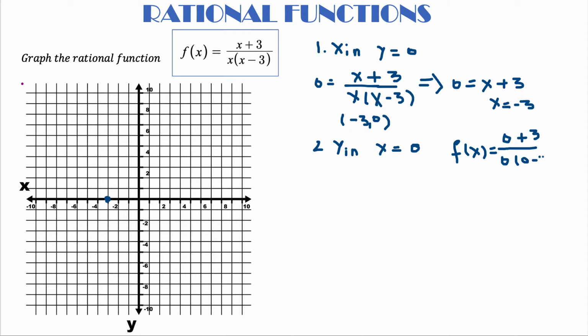As we see here, this is undefined. The numerator is 0 plus 3, which is 3, and the denominator is 0 times 0 minus 3, which is 0. So this is undefined.